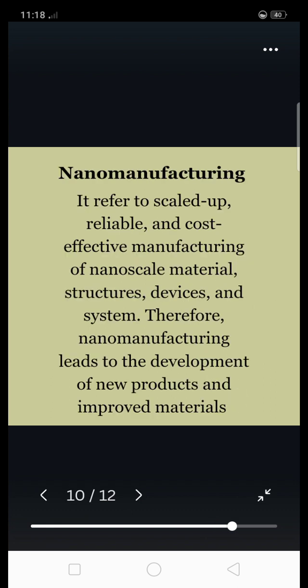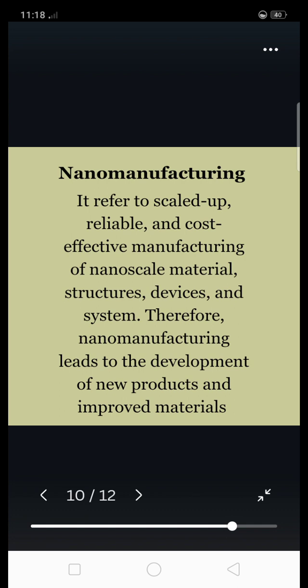Nanomanufacturing refers to scaled-up, reliable, and cost-effective manufacturing of nanoscale materials, structures, devices, and systems.